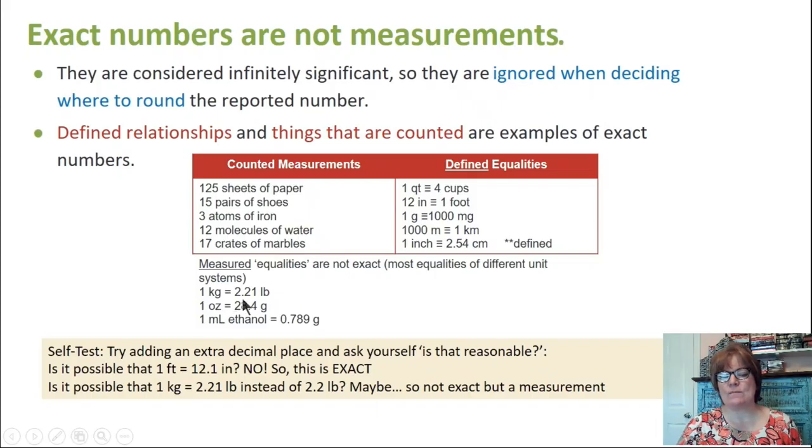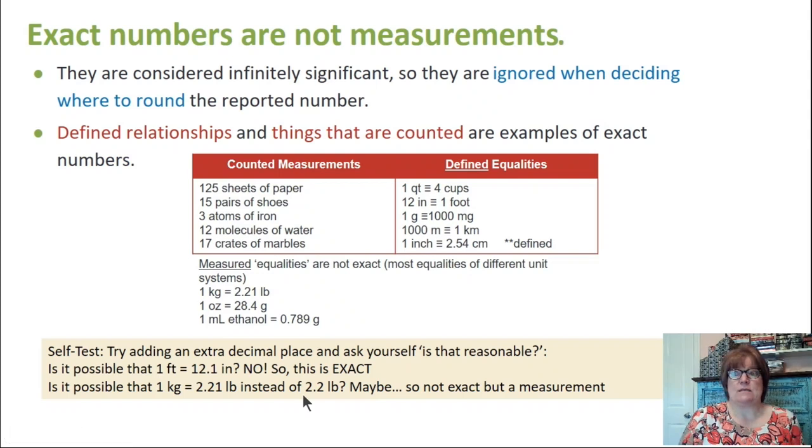When I talk about 1 kilogram equals 2.21 pounds, or 2.2 pounds is often how it's said, the 1 is considered to be exact. I begin with an exactly 1 kilogram. I put it on a scale and I measure it. This 2.21 is a measurement. That's going to have significance. So this has 3 significant figures.